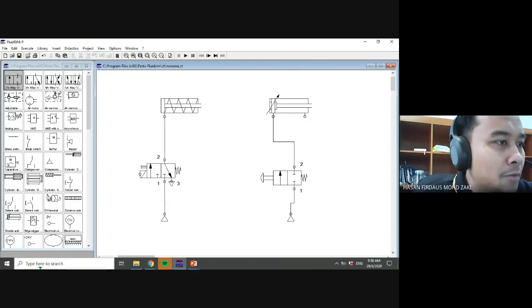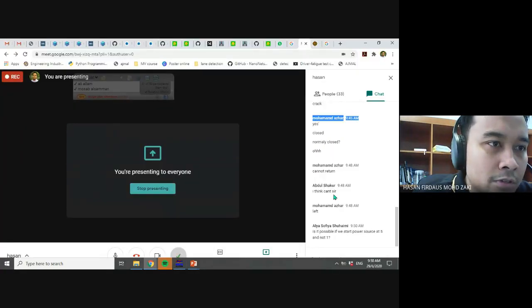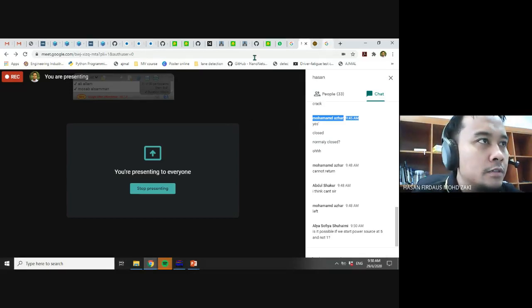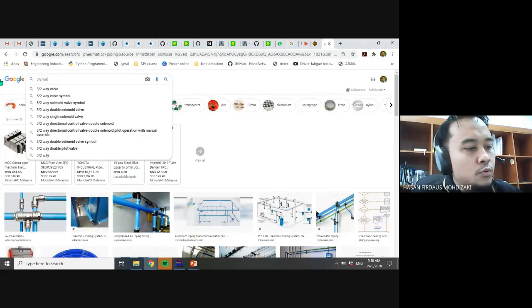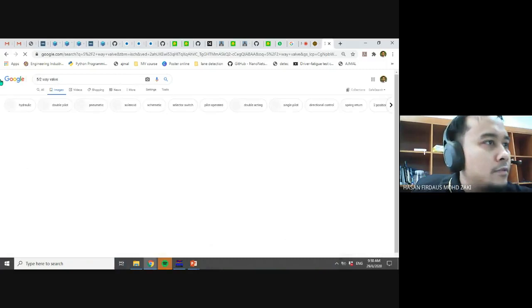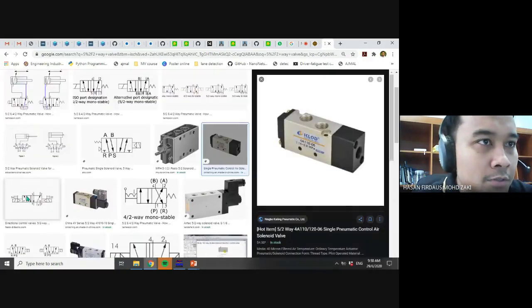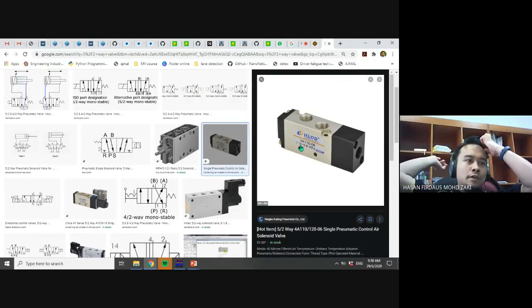Any more questions? Cannot return. I think cancel. It is possible if we start the power source at 5 and not 1. If you see the 5 two-way valve here, this is the 5 two-way valve.